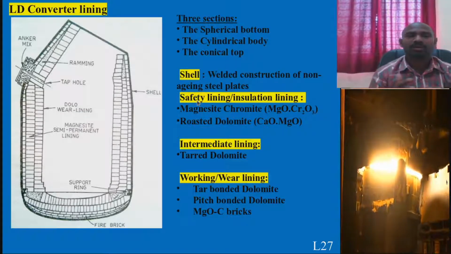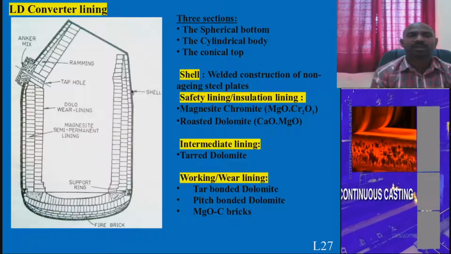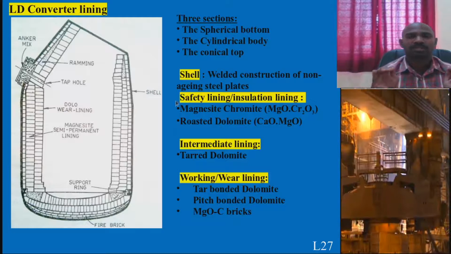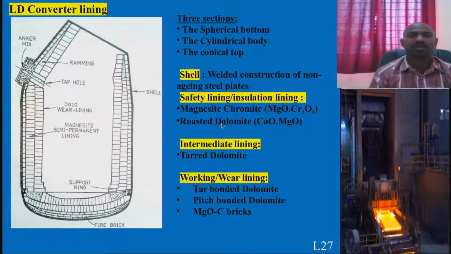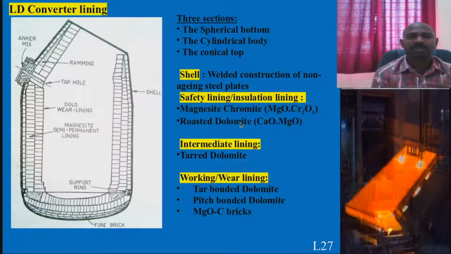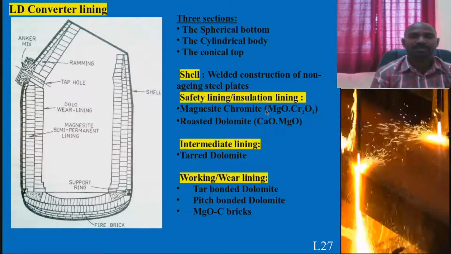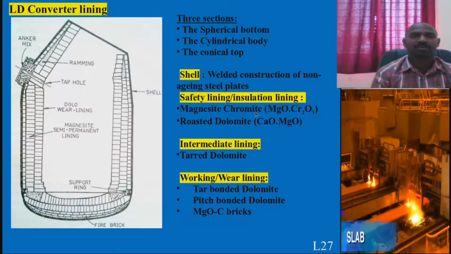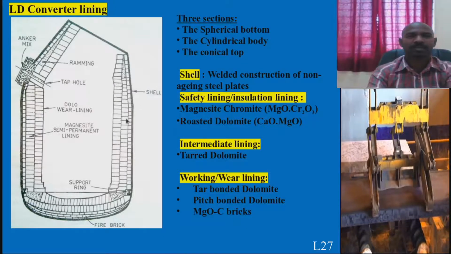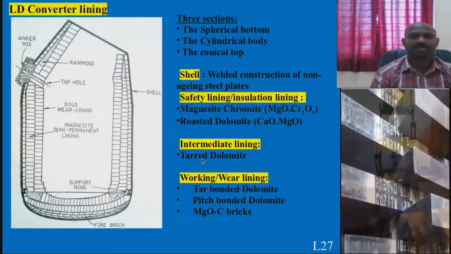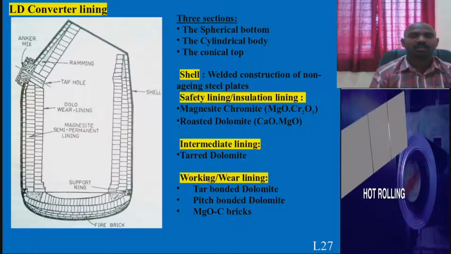And the other thing is the safety lining. This outermost part, below the shell, there will be a safety lining. Mainly in industry practice, this combination of refractory lining is used. Either you can call it a safety or insulation lining, a combination of magnesium and chromium or calcium and magnesium. And the intermediate lining, a combination of tar and dolomite.